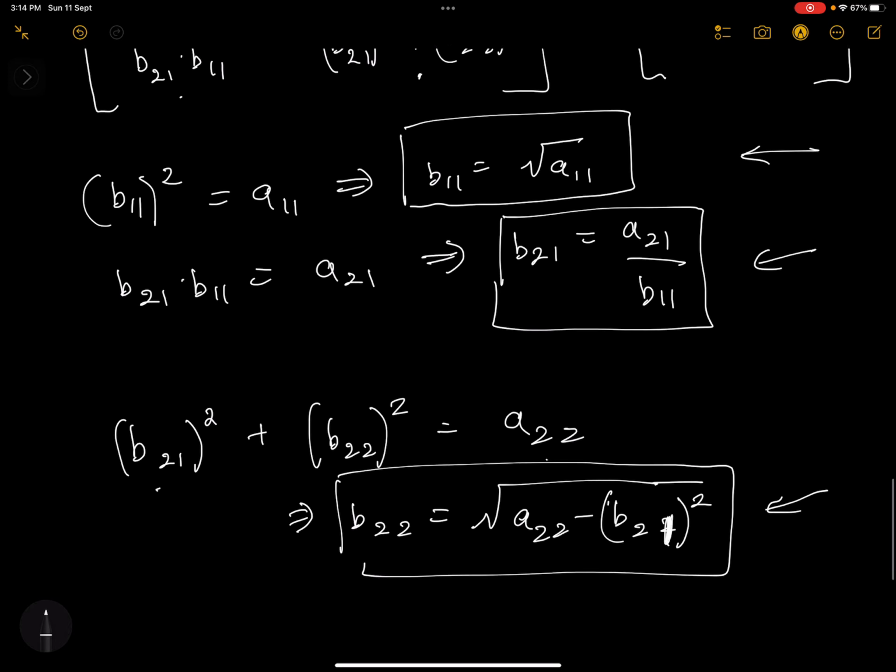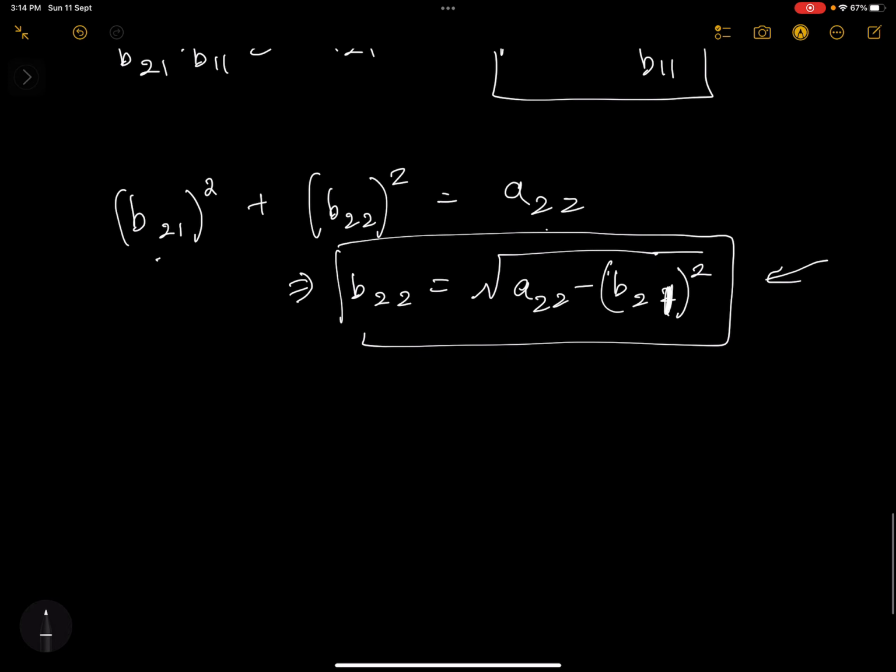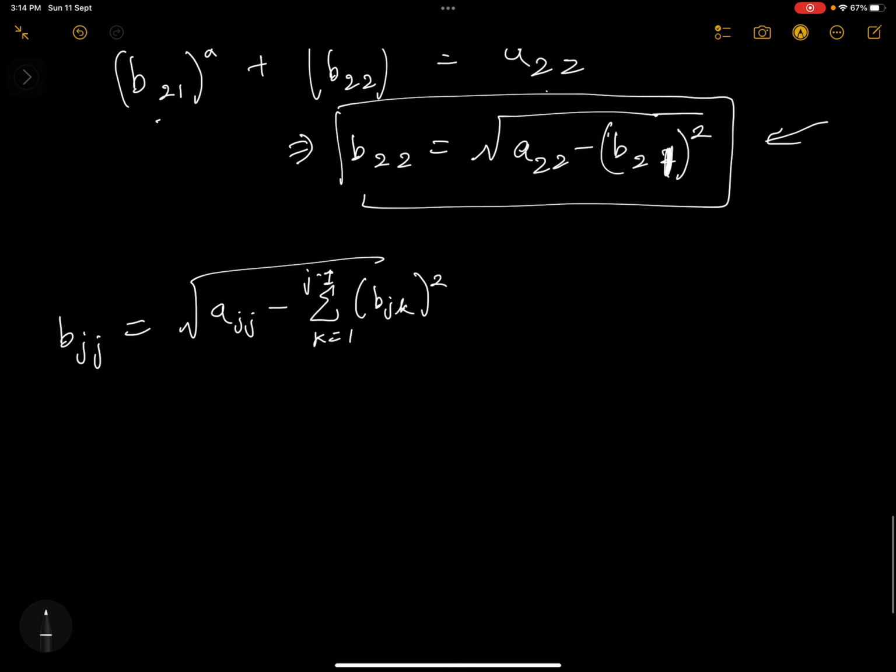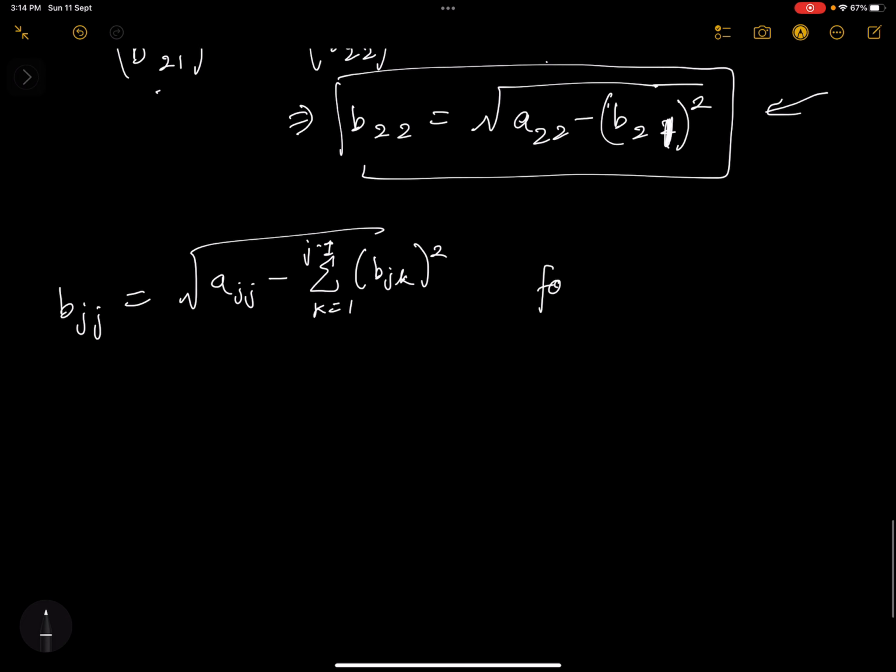So on the diagonal of the lower triangular matrix, Bjj will be equal to the square root of Ajj minus the summation from k equals 1 to j minus 1 of Bjk squared. And this is for elements on the diagonal.